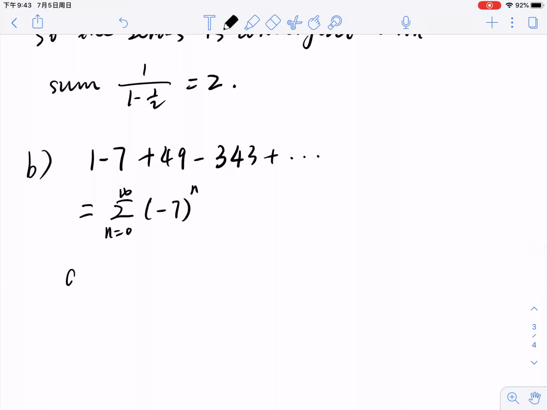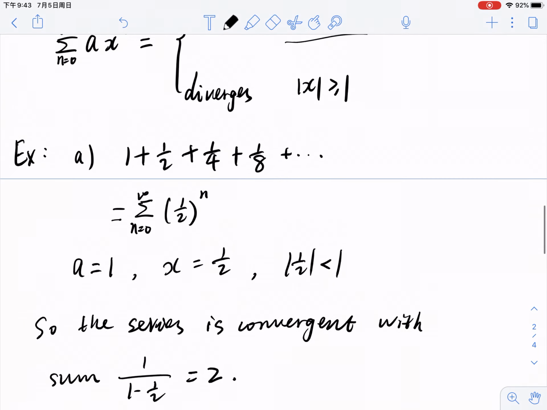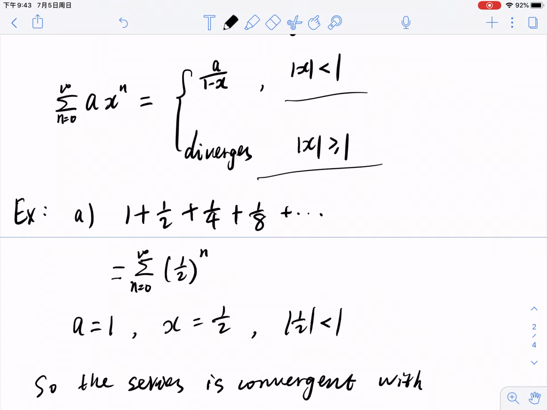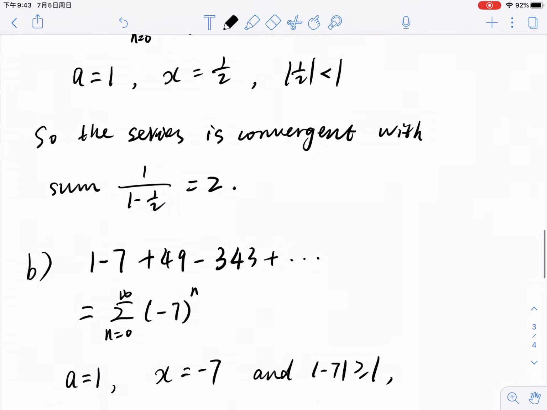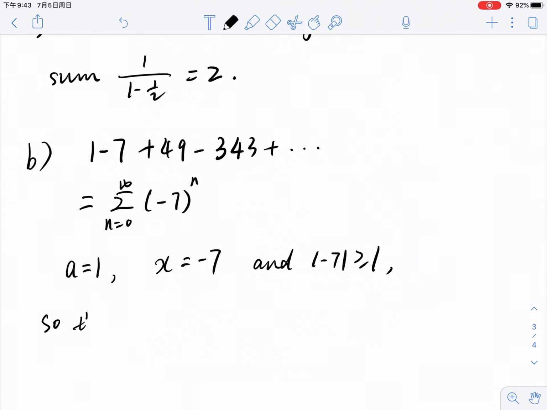For this case, a is 1, x is negative 7, and the absolute value of negative 7 is greater than or equal to 1. So by the conclusion we made, the infinite geometric series diverges. So the series is divergent.